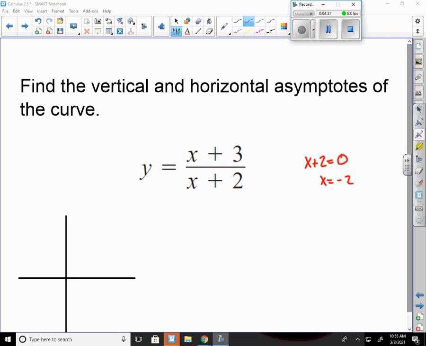So I'm interested in finding two different limits here. I'm looking for the behavior as x approaches either positive or negative infinity, and then I'm looking for the behavior as x approaches negative 2. And by finding those two things, I'll be able to know where the asymptotes are.